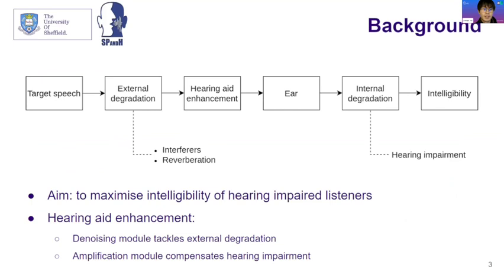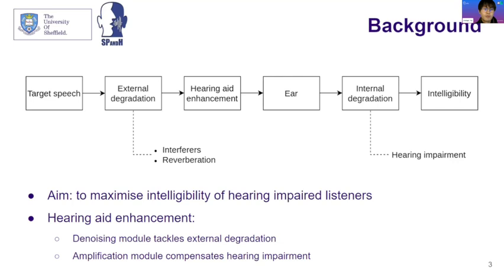The aim is to build a hearing aid enhancement system such that, after the noisy speech goes into the ears of hearing impaired listeners and suffers from the internal degradation caused by hearing loss, the intelligibility can be improved.